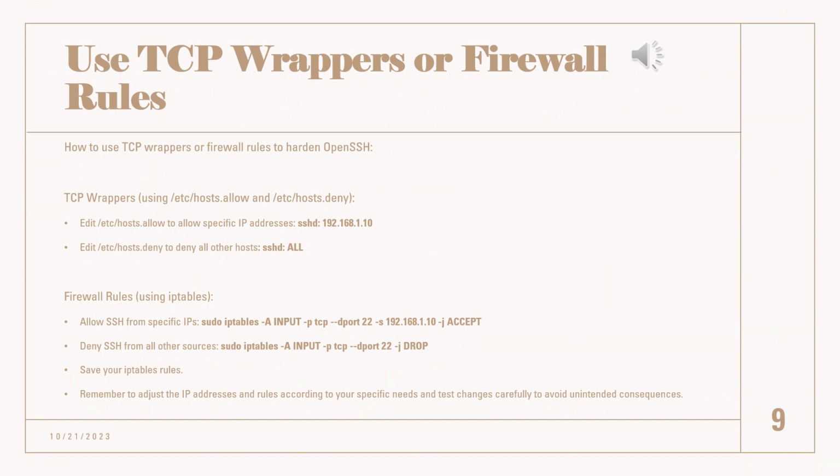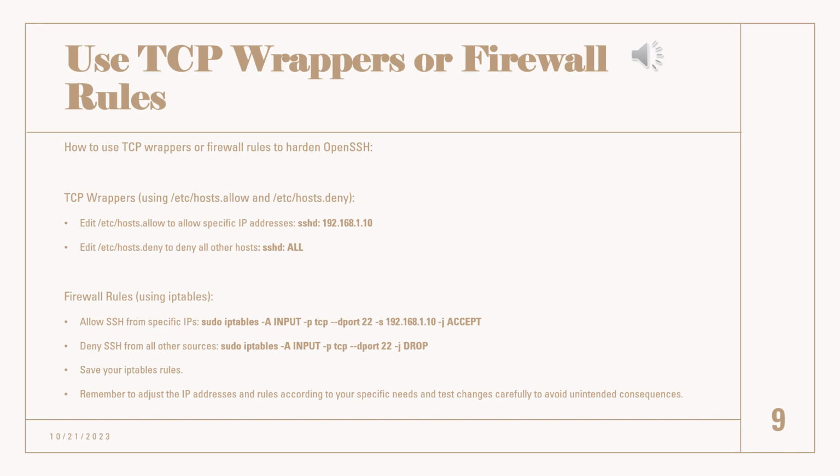Use TCP wrappers or firewall rules. How to use TCP wrappers or firewall rules to harden OpenSSH. TCP wrappers. Edit this file to allow specific IP addresses using this. Edit this file to deny all other hosts.